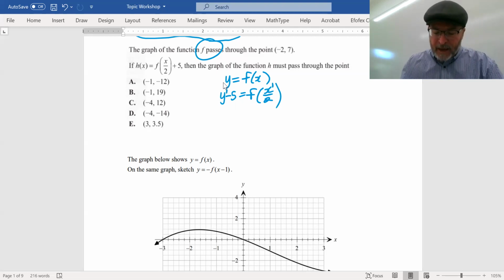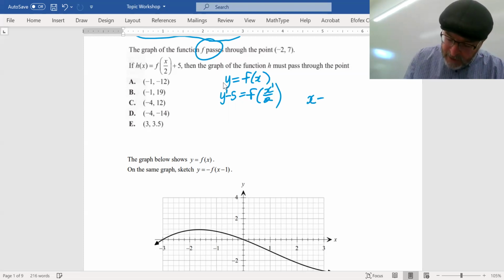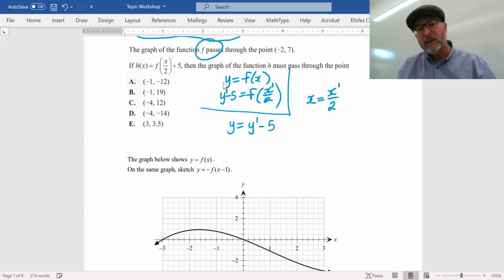What I'm saying is when I look on the right-hand side of the equal signs, they're set up in the same format. So I can say that the x is equal to the x' on 2. And on the left-hand side of the equal sign, I can say that the y is equal to the y' minus 5, because they're set up just to read them off.